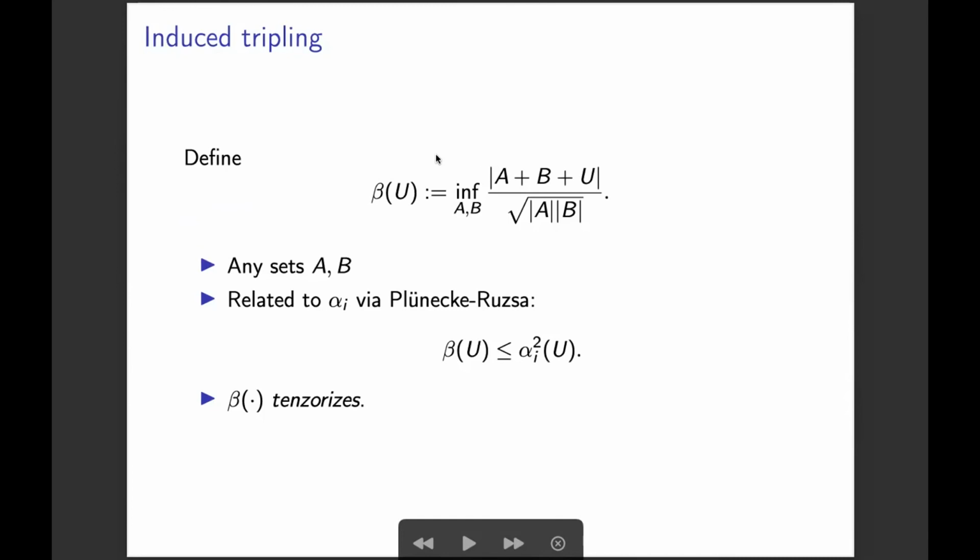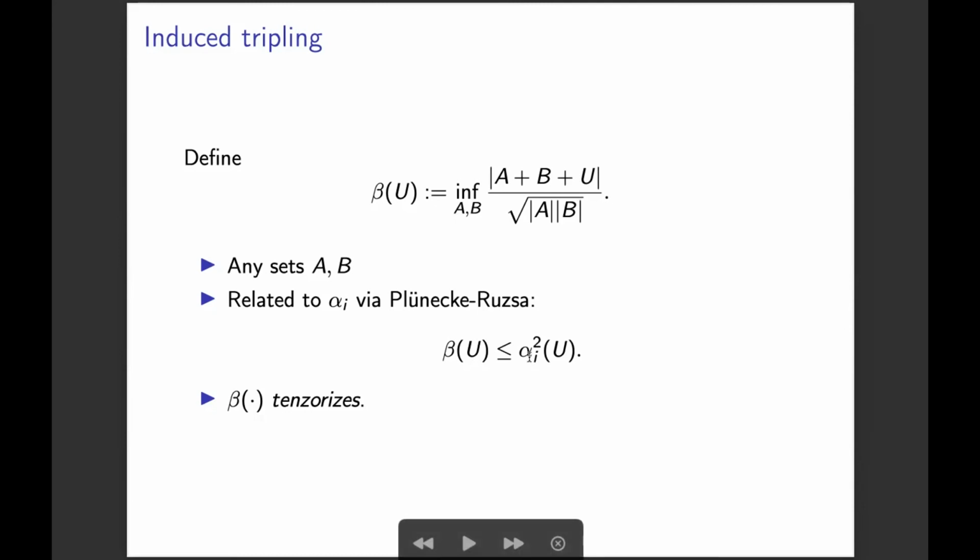Beta is this construction, right? You take arbitrary sets A and B, and you need to prove that A plus B plus this 4-point set is at least as large as 4 times the square root of the sizes of A and B. For a 2-point set, this is not trivial, but simple. And for a 4-point set, this is surprisingly hard to do.